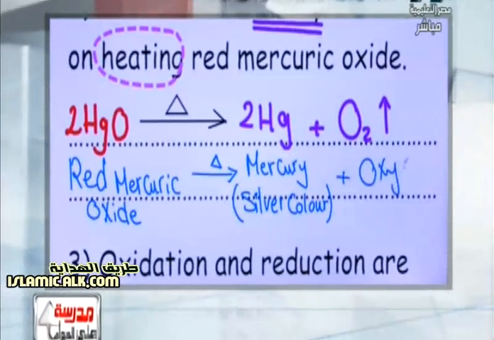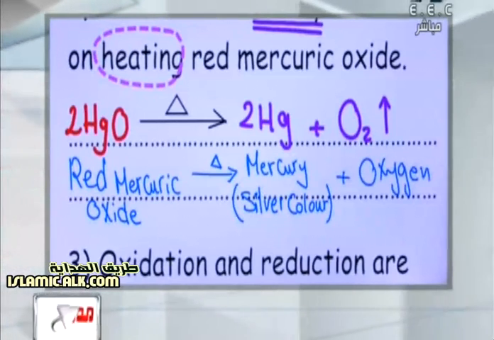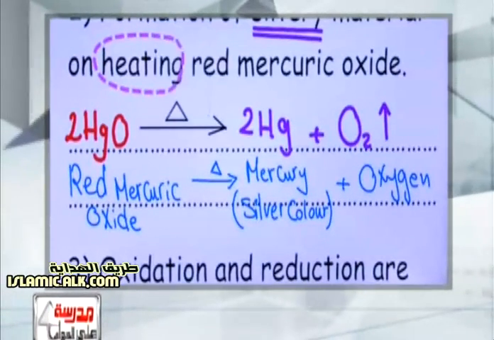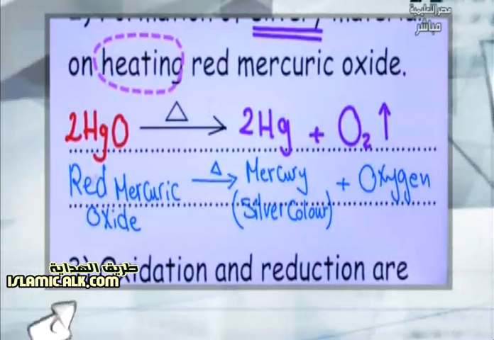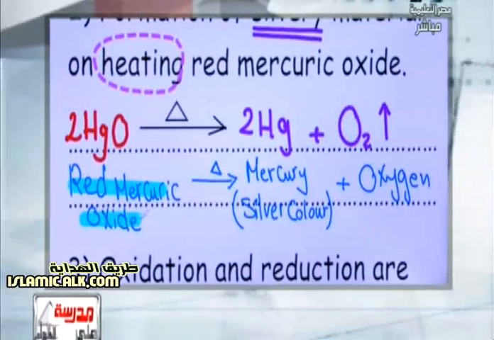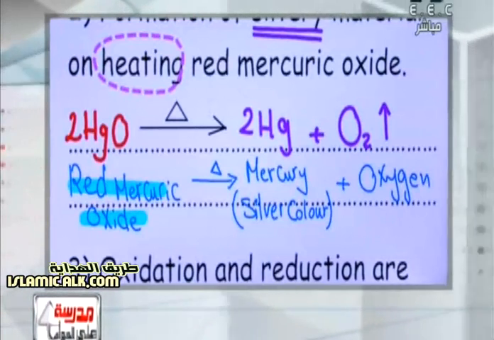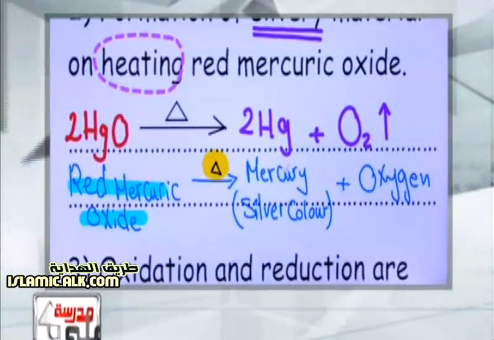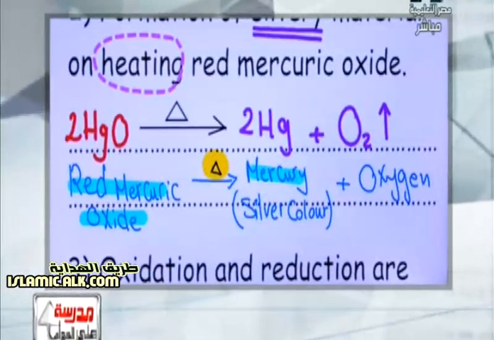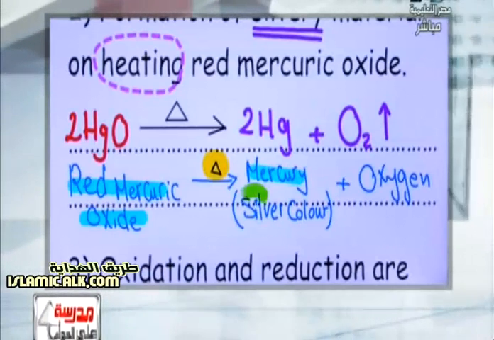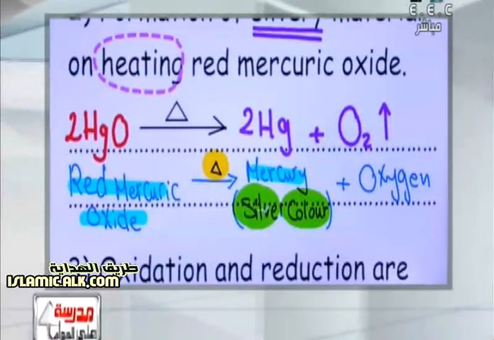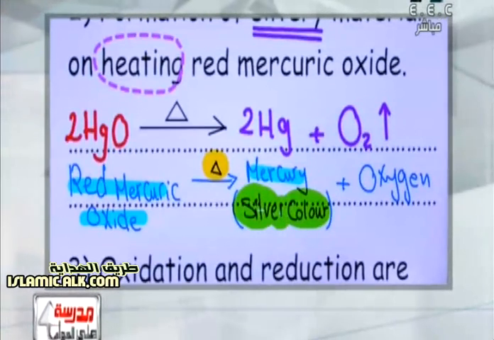We can also answer using the chemical equation: red mercuric oxide decomposes by heating into mercury, and mercury has silver color. I won't write silver in Arabic, I write: has silver color.